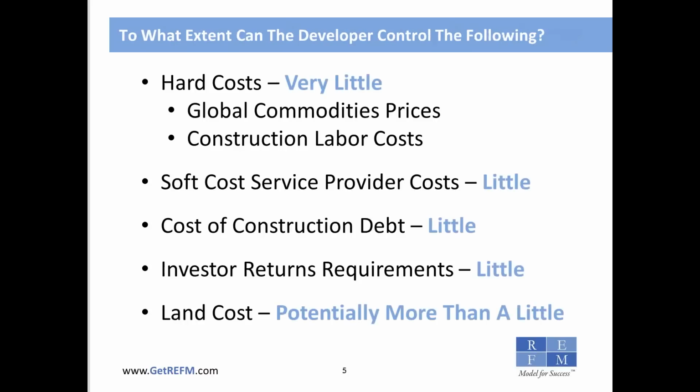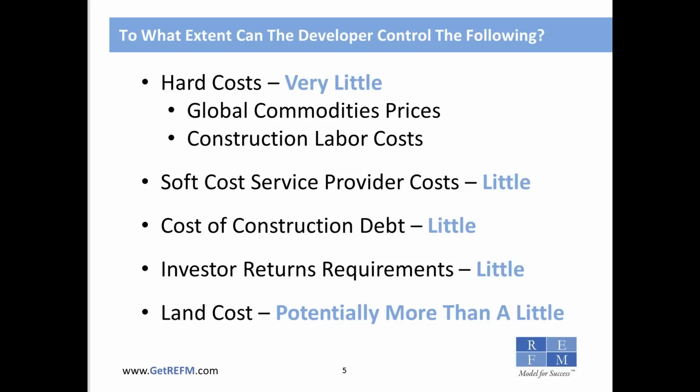The hard costs: the developer, no matter how big, no matter how shiny their Bentley, has very little control over hard costs, because hard costs are really just a reflection of global commodities prices for timber and concrete and steel and so on, and then construction labor costs.